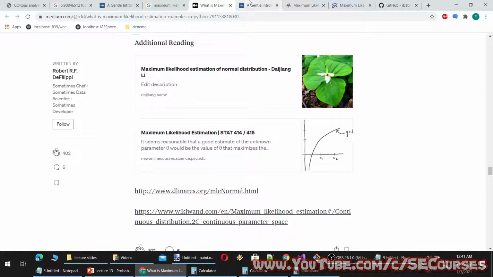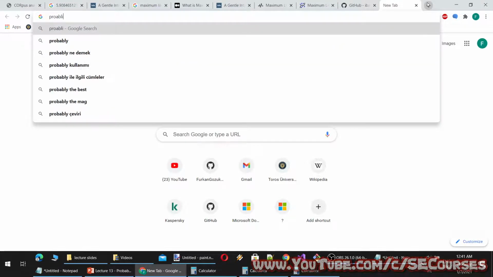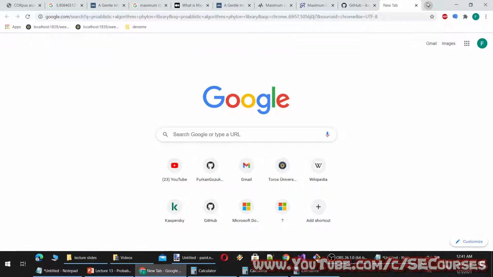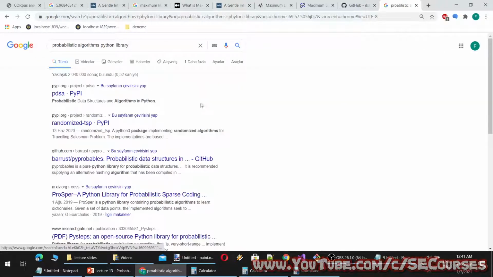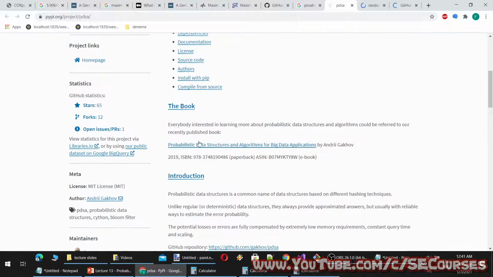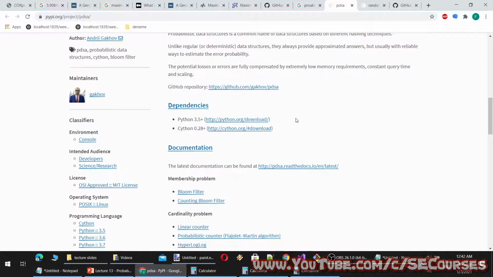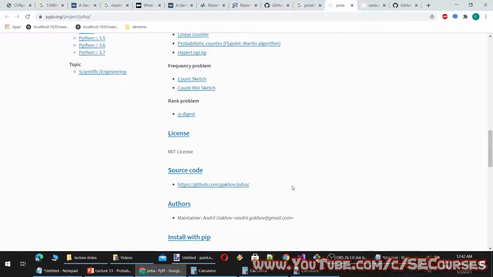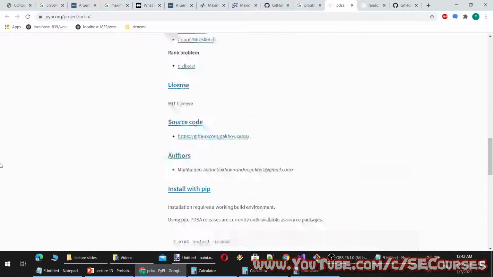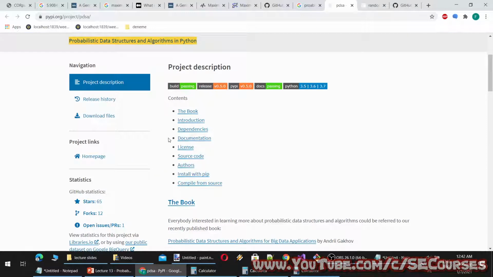If you happen to use a probabilistic algorithm, let's see. Project description: probabilistic data structures and algorithms in Python.